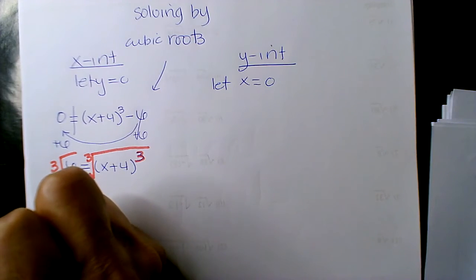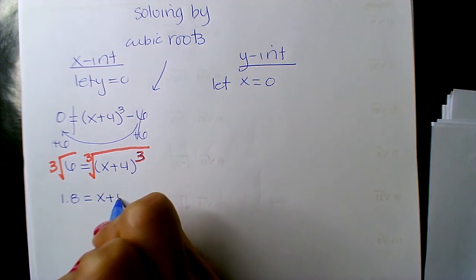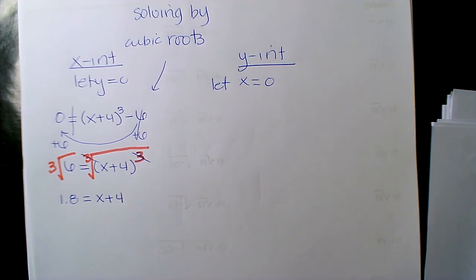You get 1.8. And then I get x plus 4 here because inverse operations, cube root and cubing, are inverse. Because look what we're finding. So now you just subtract the 4.